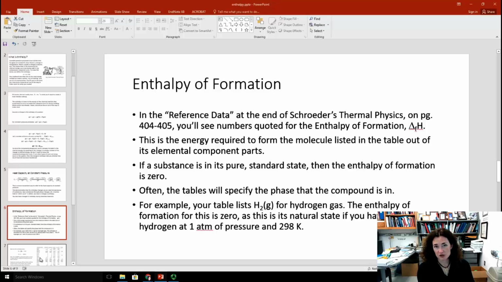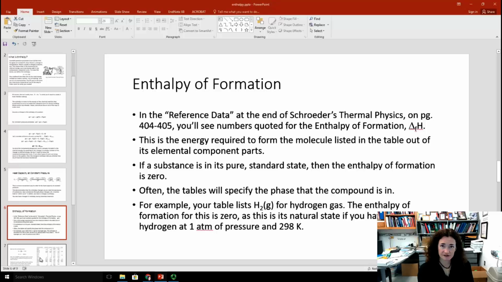The ones in Schroeder specify it for a temperature of 298 Kelvin at 1 bar of pressure, which is a little bit less than an atmosphere, and if you have 1 mole of a substance. So of course, if you change those conditions, if you change the temperature away from 298 Kelvin, for example, then the enthalpy will change a little bit as well.